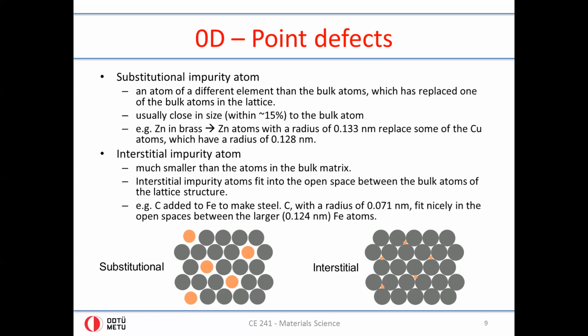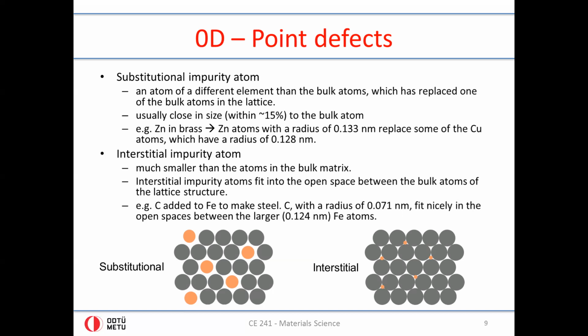So an example of an interstitial impurity in real life is the production of steel, an important construction material. And intentionally, carbon is added to iron. And as carbon is added to iron, the very small radius of carbon compared with the large radius of the iron atoms allows some interstitial point defects to form.